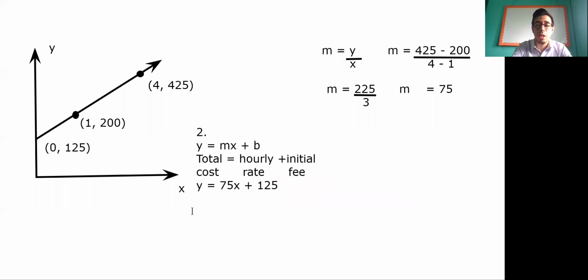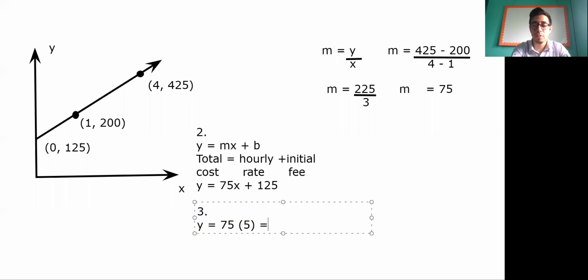In this step 3, they are asking you to replace in the equation I have, y equals 75x. X is not going to be a variable anymore. I have one value, that is 5 hours.